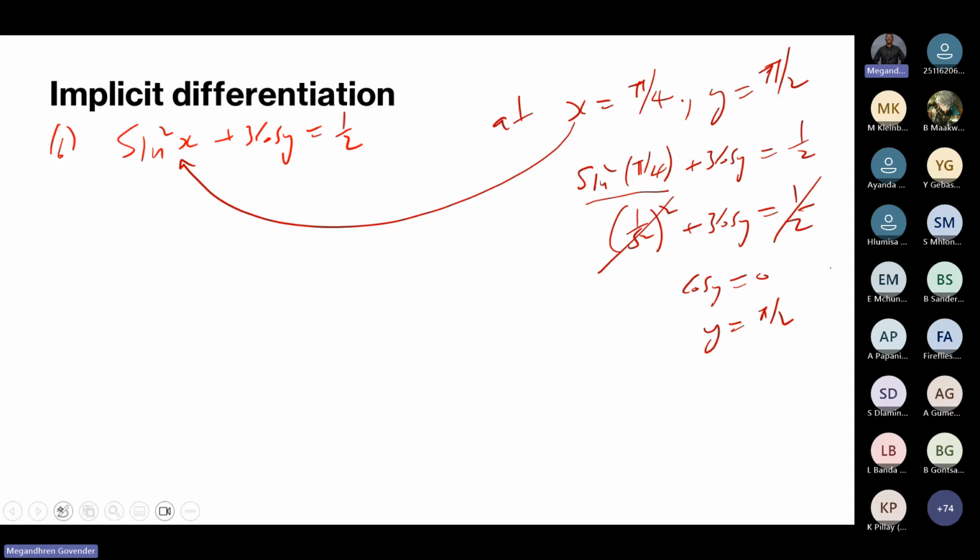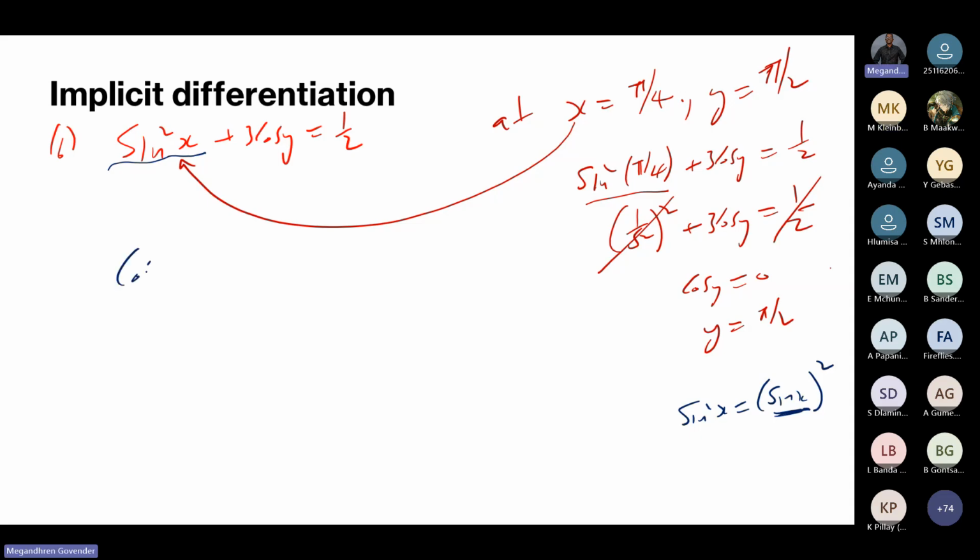Now let's start differentiating this thing. Let's see whether we get this right. What's the derivative of sine squared of x? I'll give you a hint. Sine squared of x is sine x all squared. So if I had to differentiate, the inner function is sine x. What's the derivative of sine x? Cos x.